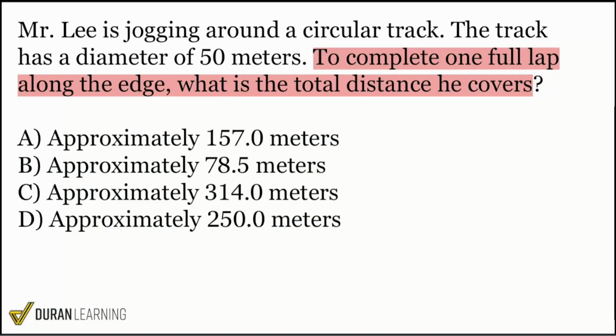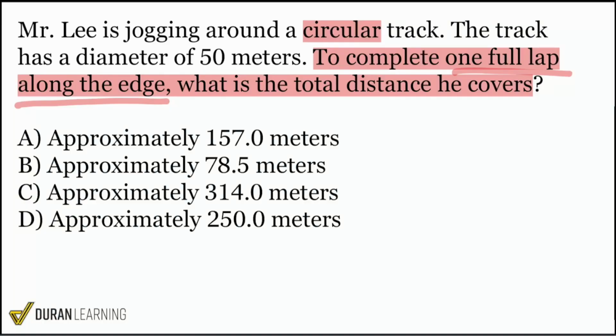To complete a full lap along the edge, what is the total distance he covers? Everybody, think about it. If we're trying to do a full lap along the edge or around the border, what are we trying to calculate here, especially if we're talking about a circular track?